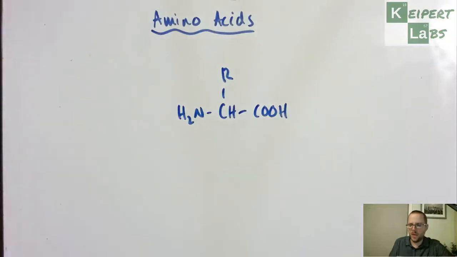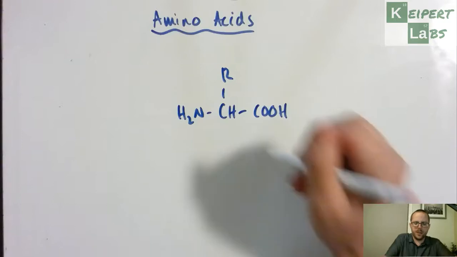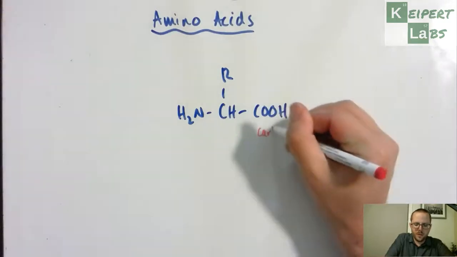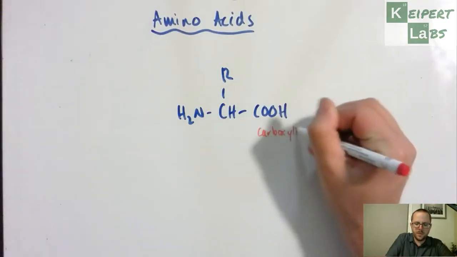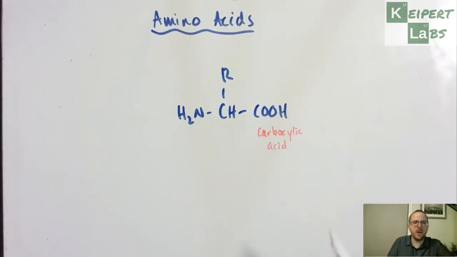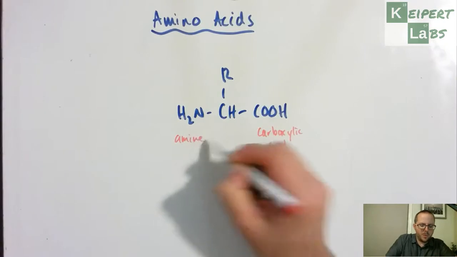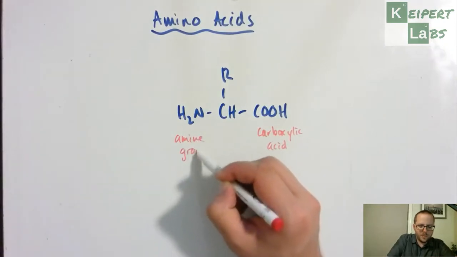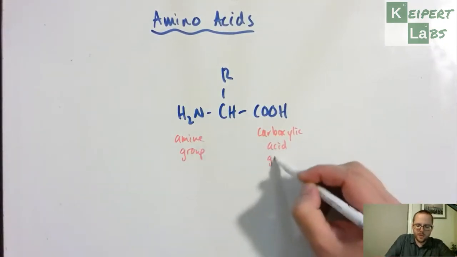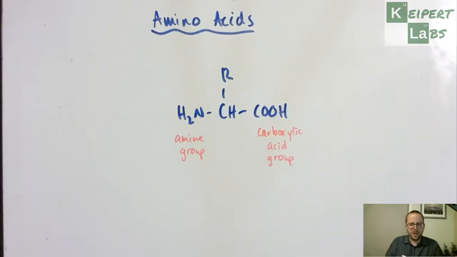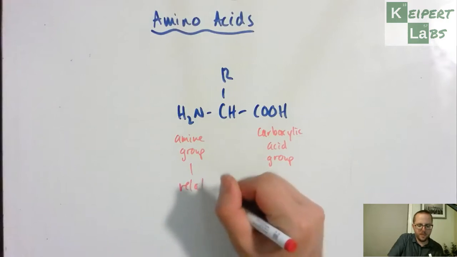Okay, so what we have over here, if I'll pick a different color for a second, this is called a carboxylic acid group. And then over here, we have what's called an amine group. It's called an amine group because it's related to ammonia.